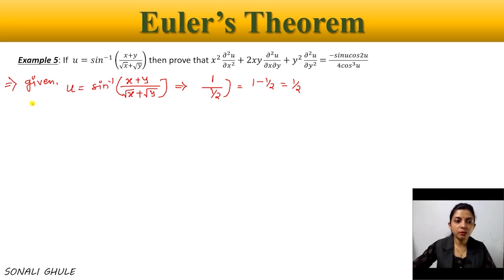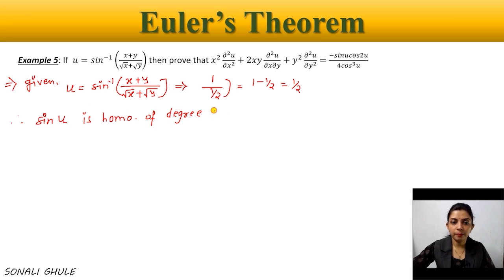So I can't say here now u is homogeneous. I have to say therefore transfer this sine inverse to the left hand side, that becomes sine u. Sine u is homogeneous of degree n equals 1 by 2.